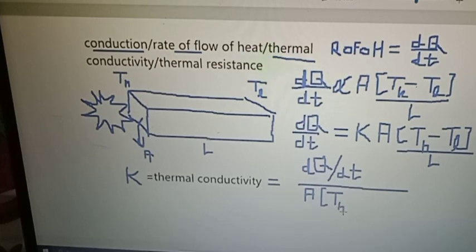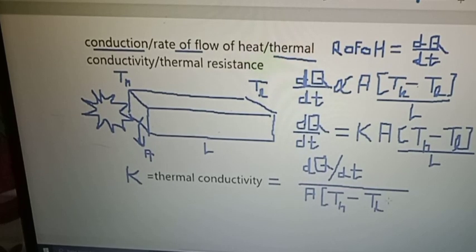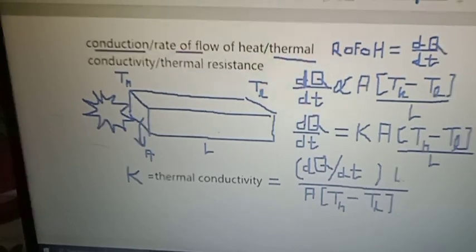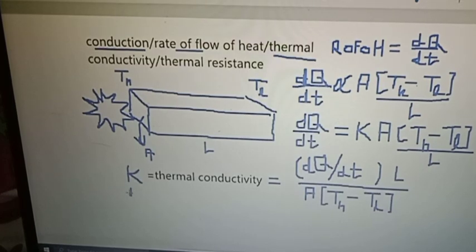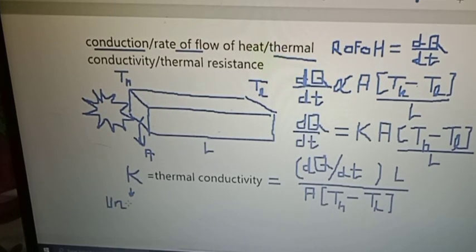So thermal conductivity is related to how good a body is in terms of conduction of heat. So here it is, K is dq by dt multiplied by L upon A into TH minus TL.